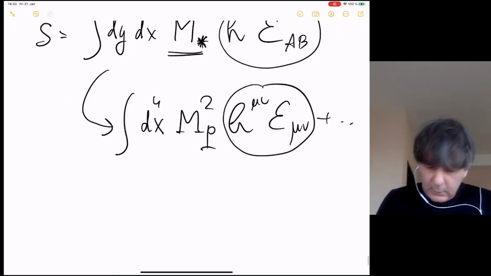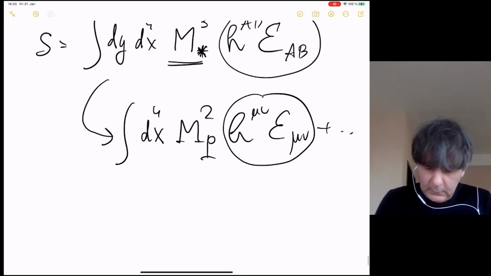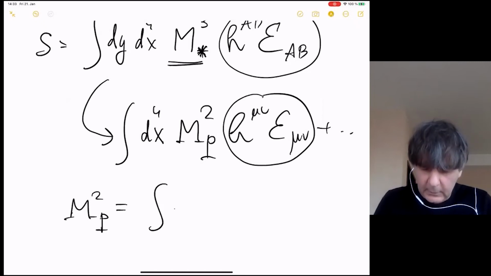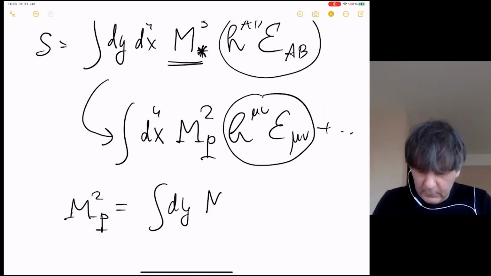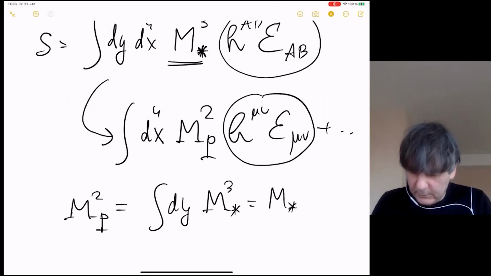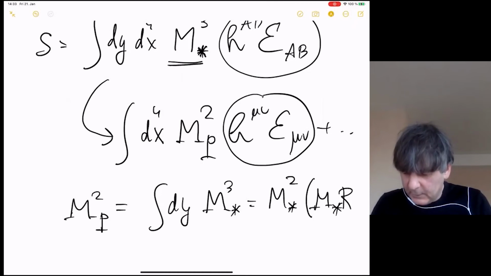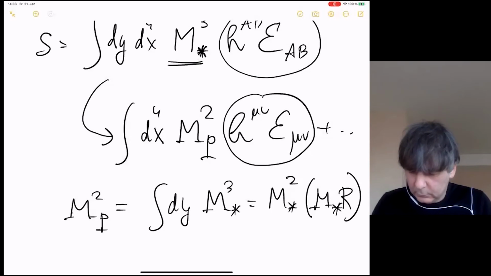So there is a relation, as we can see very easily, that the effective 4-dimensional Planck mass squared is the integral of dy of the 5-dimensional Planck mass cubed, or in other words, the 5-dimensional Planck mass squared times the 5-dimensional Planck mass times the compactification volume. Of course, here there is a 2 pi also.